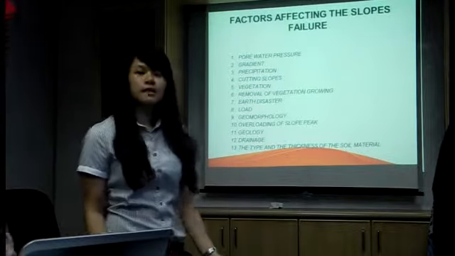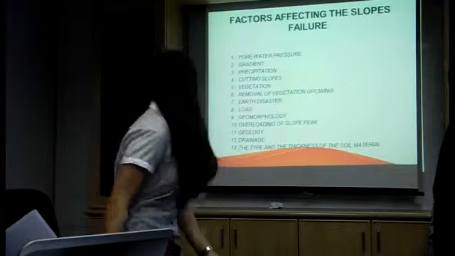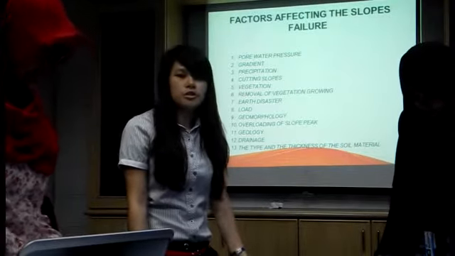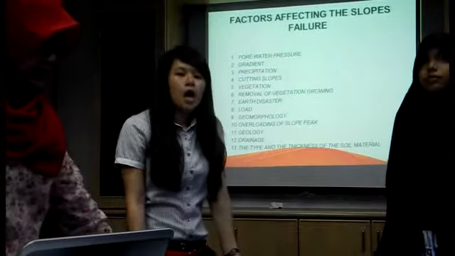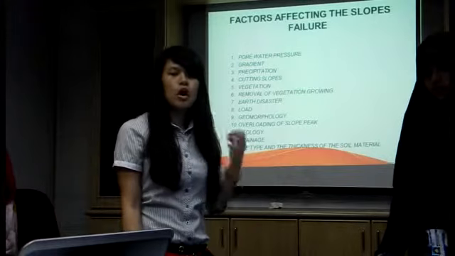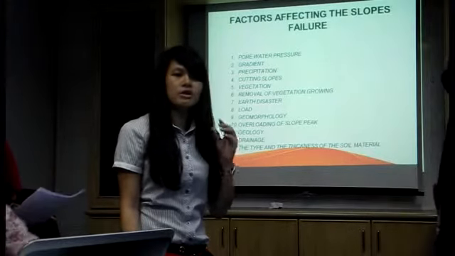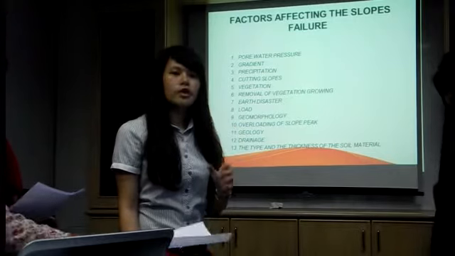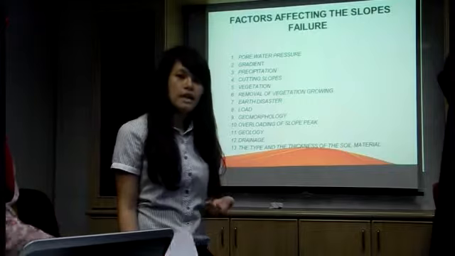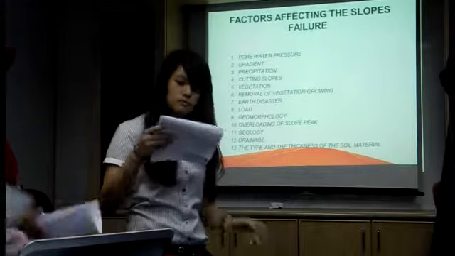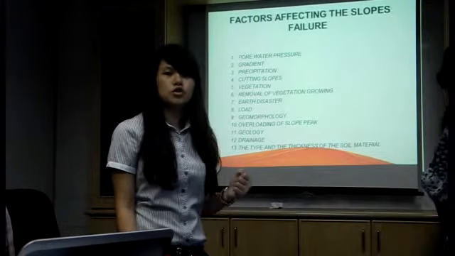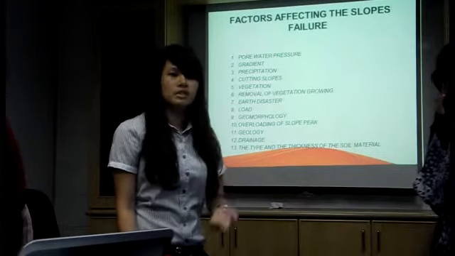One of the factors affecting slope failure is the removal of vegetation growing. The amount of vegetation is proportional to the strength of the slope. Once the vegetation is removed, the slope is not able to hold the soil, so the soil will become very loose and very unstable. So slope failure occurs easily when it rains heavily. Roots are very important in holding the soil and making it more resistant.